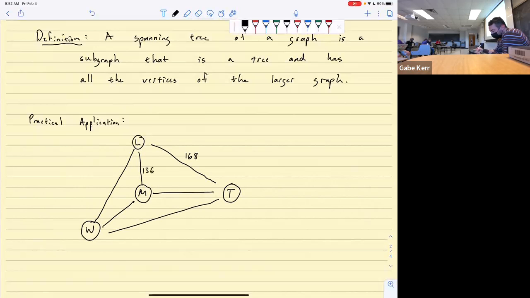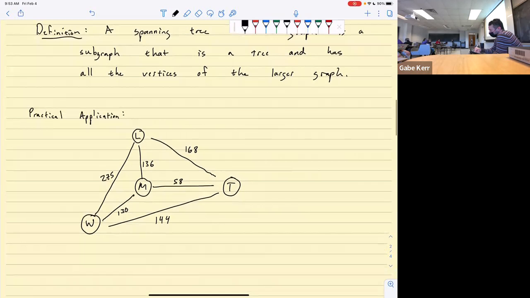In practice, a tree is great, but usually you have some weights on these edges to tell you the cost or the distance, some measurement that you want to minimize, like how long the distance is or how much something costs. So these were miles. If you're laying cable, for example, obviously the thing you want to do is minimize the number of miles that you have here.